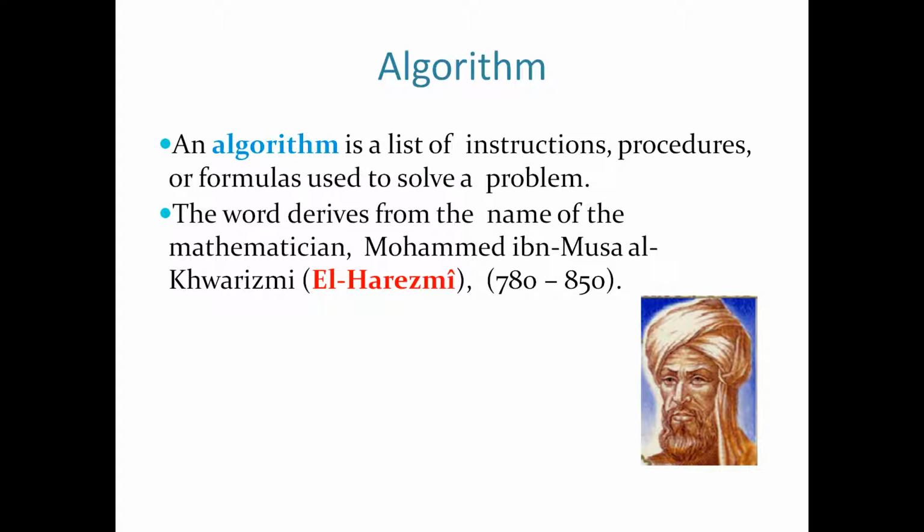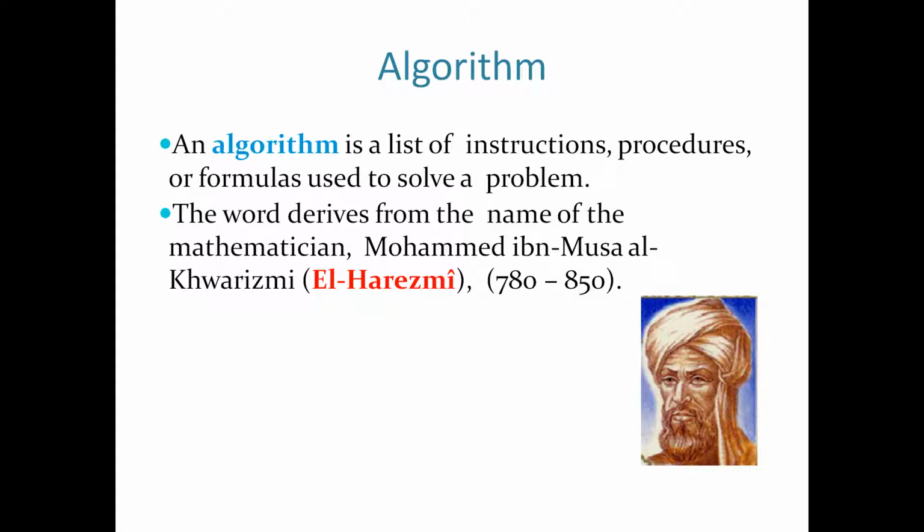For example, if I say, what can be the algorithm for making a tea? The algorithm for making a tea is going to be a few steps, 6 to 7 steps, less or more. In that we need to have a bowl. In that we can boil water. We need to have sugar. We need to have tea.